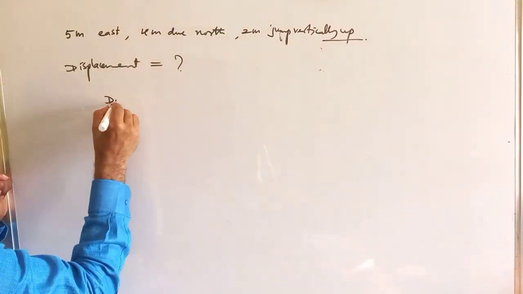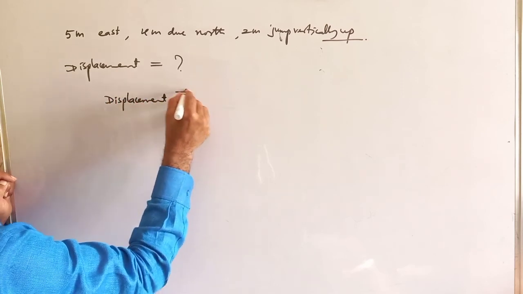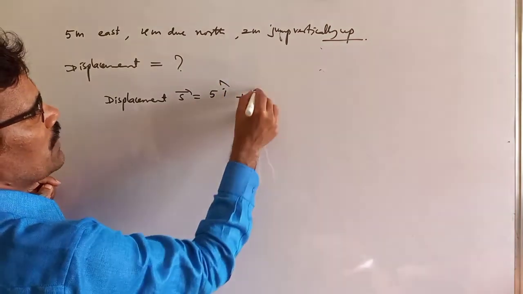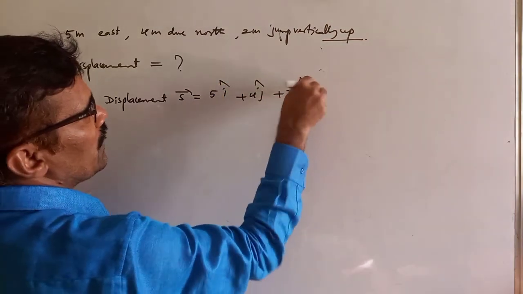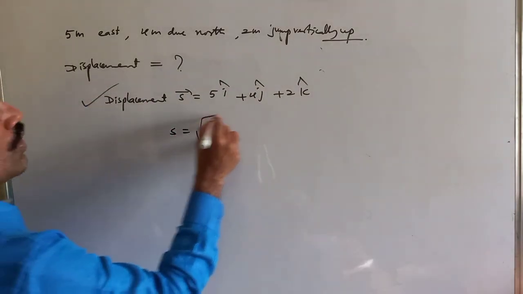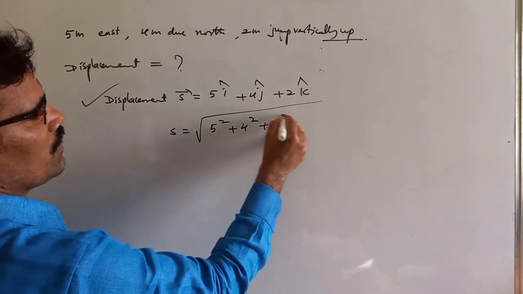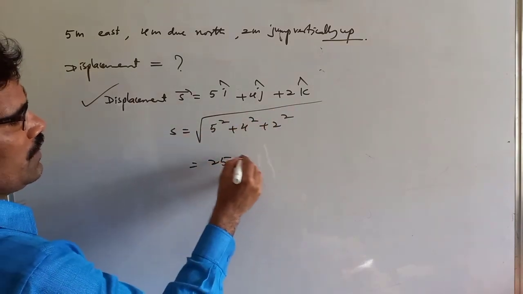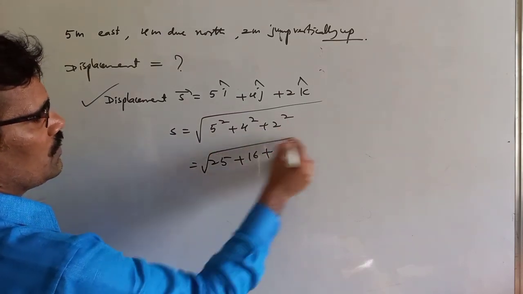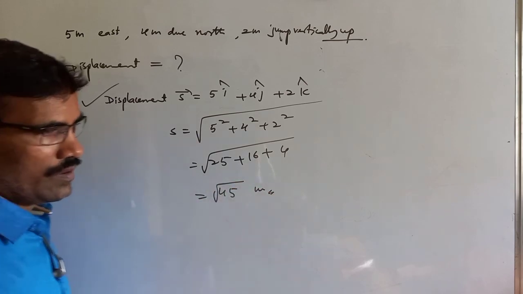That's why the displacement S bar equals 5 i cap plus 4 j cap plus 2 k cap. This is the displacement vector. Its magnitude is root over 5 square plus 4 square plus 2 square, 25 plus 16 plus 4, which equals root 45 meter. Okay.